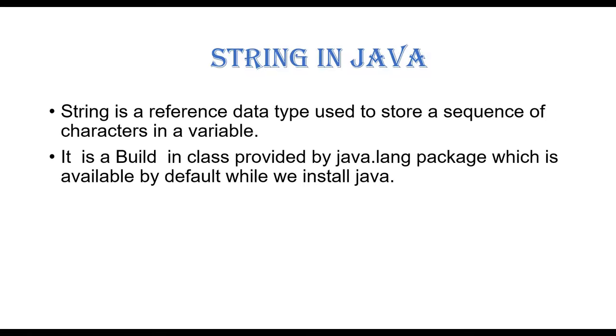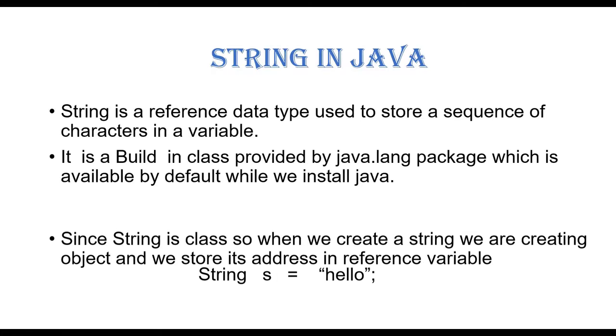It is known as a reference data type because it derives from the class named String, which comes with Java when I install it, in the package java.lang. It is actually an inbuilt class which allows the user to store a sequence of characters.